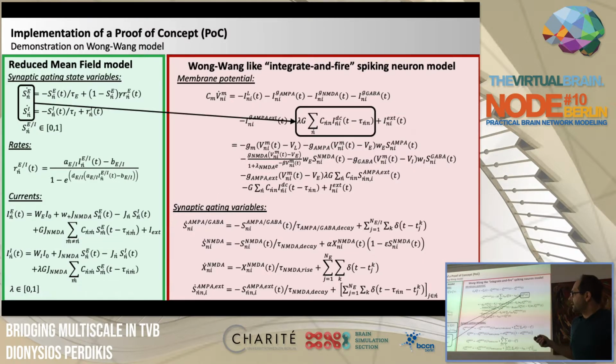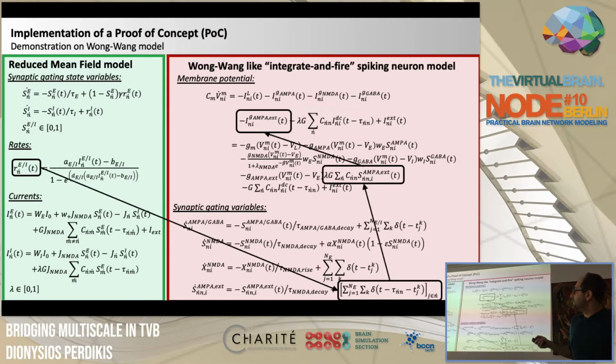Finally, I have to say something. In the previous two scenarios, at every time step, the activity of TVB is transferred to NEST, and NEST is responsible for the time delays and the weights between the TVB regions and the NEST spiking regions. It is NEST that has to handle these peculiarities of the TVB connectome.